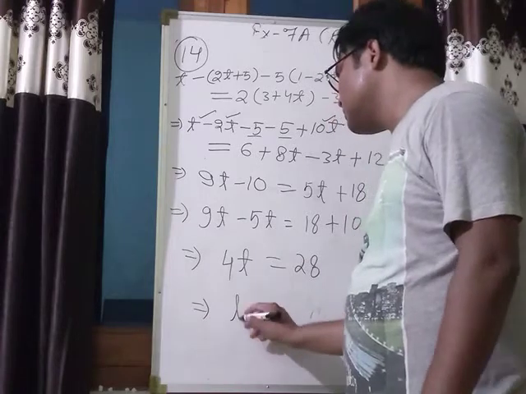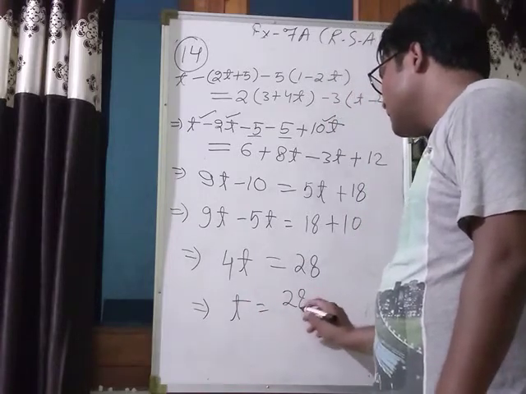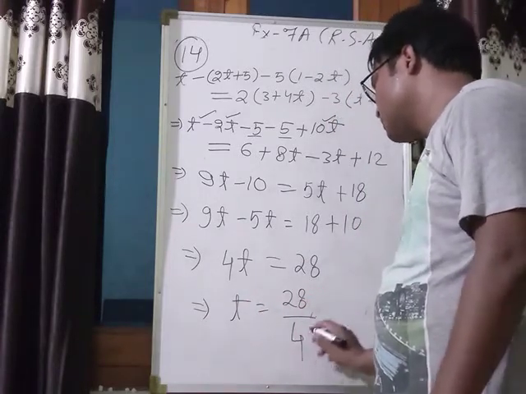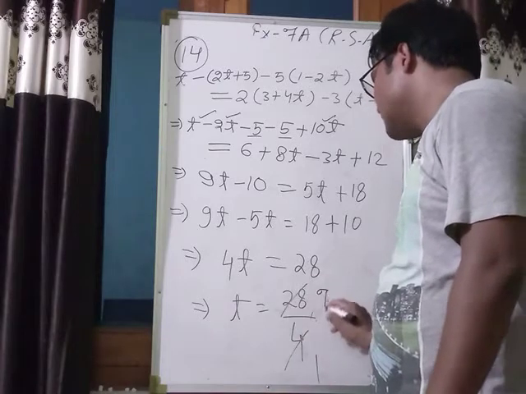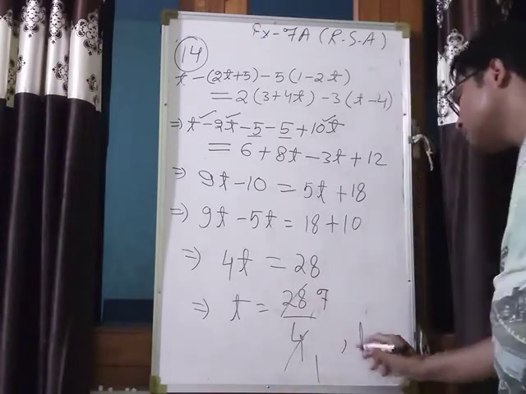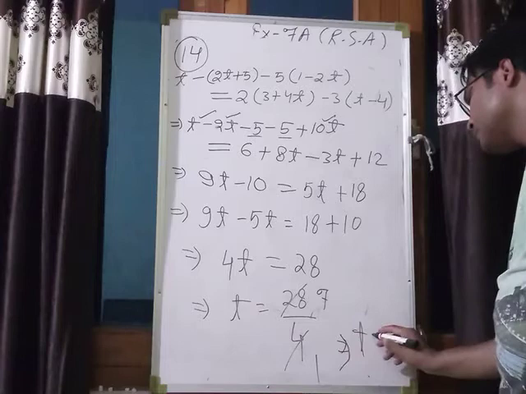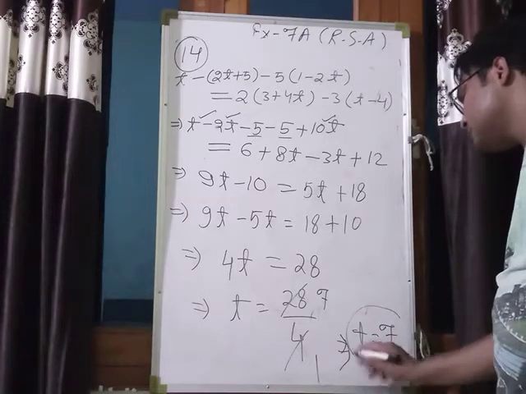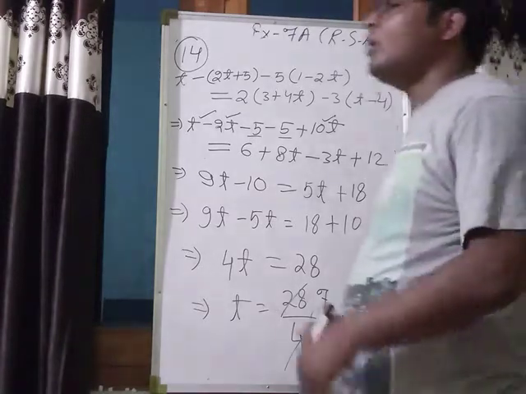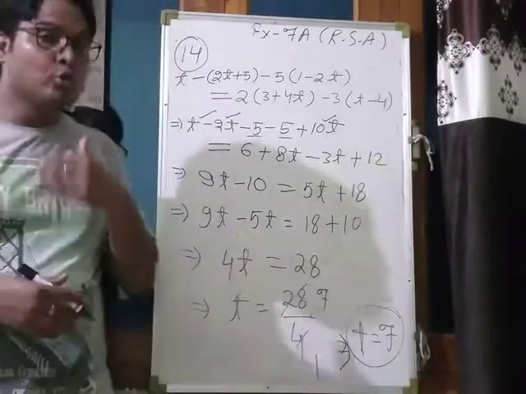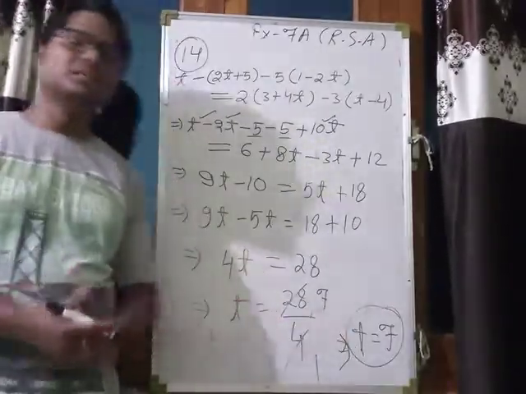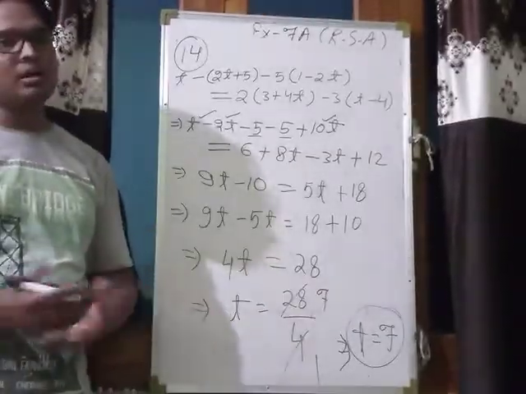That is t is equal to 28 by 4. 4 1s are 4, 4 7s are 28. Means t is equal to 7. Our answer is 7. Now I am going to check that our answer t is equal to 7 is correct or not.